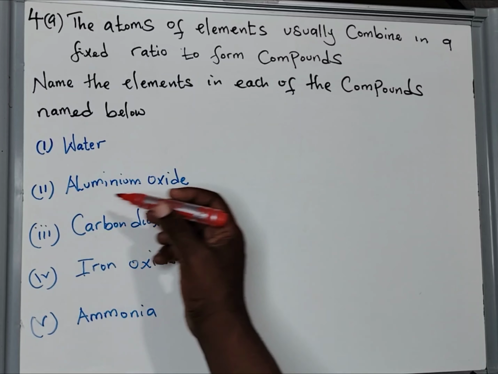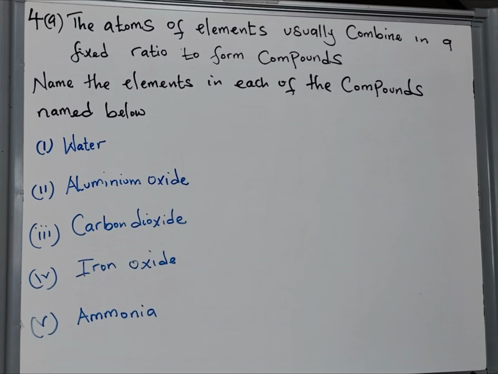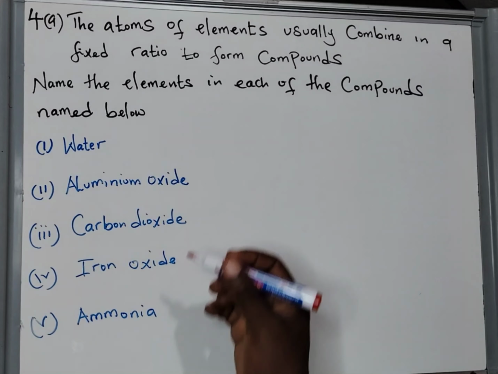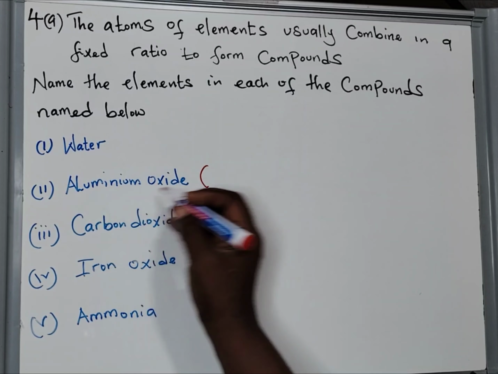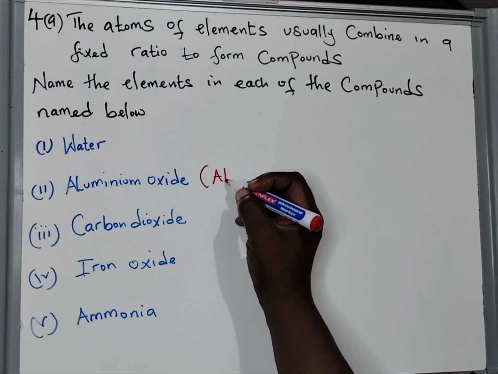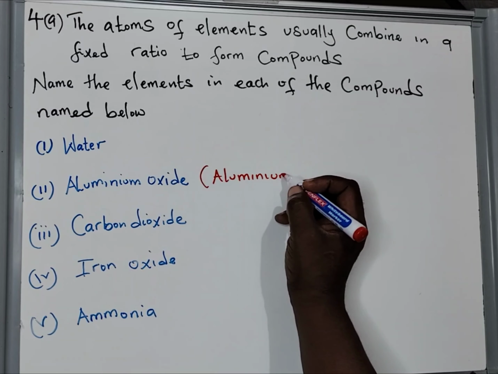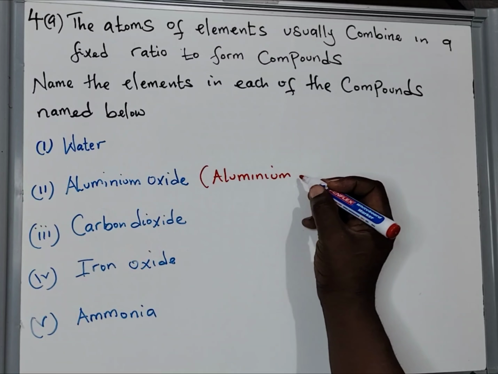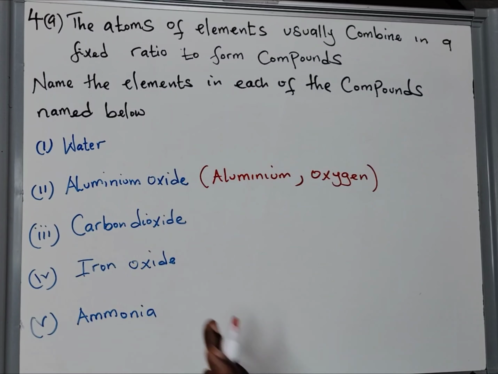But this one, as the name sounds, aluminium oxide. So what are the elements? The elements are, as the name sounds, aluminium. So aluminium is one of the elements. And oxide comes from oxygen. So oxygen is the second element. So you see that one is very easy.